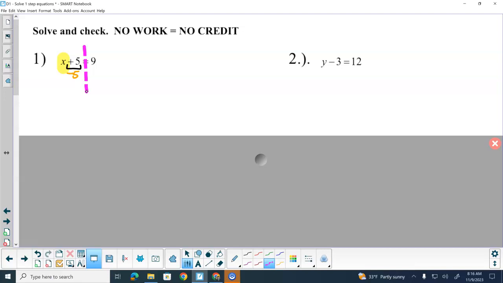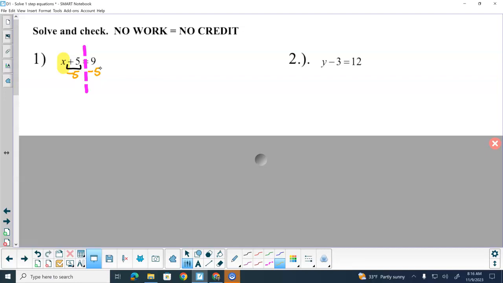So if I'm going to subtract 5 on the left side of my line, I also need to subtract 5 from the right side of my line. I have to do it on both sides, because that's what the golden rule of algebra, which should have 8 stars by it, says to do. Whatever we do on one side of the equation, we have to do the same thing on the other side.